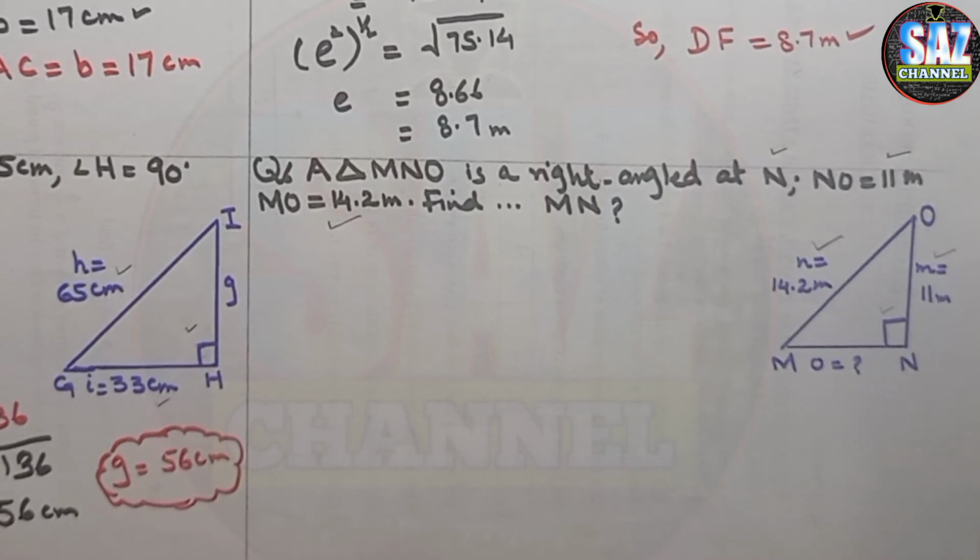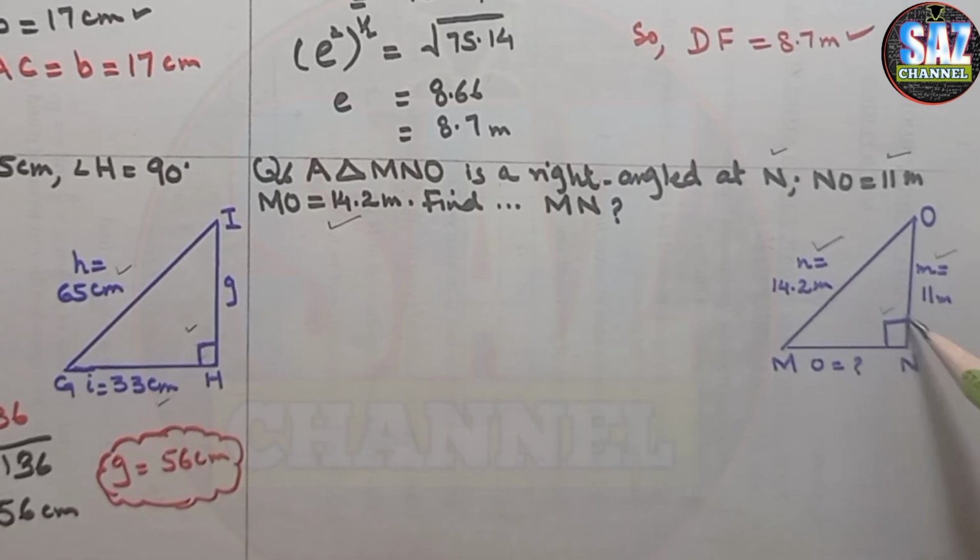I hope you are clear that after sketching the figure, we have to mark the vertices with capital letters and their opposite lengths with small letters. As this is the vertex O, so the opposite length will be small o, and this is small m and n.